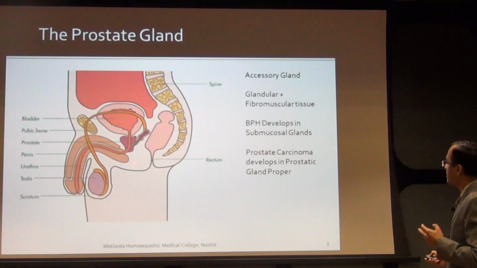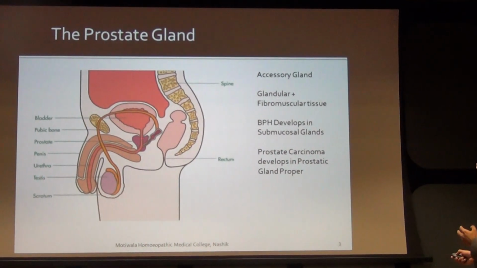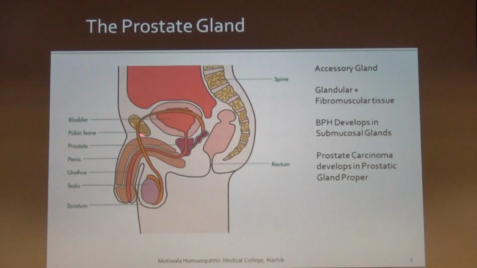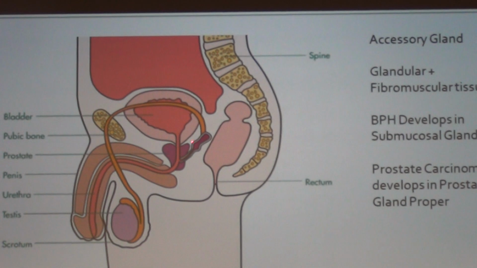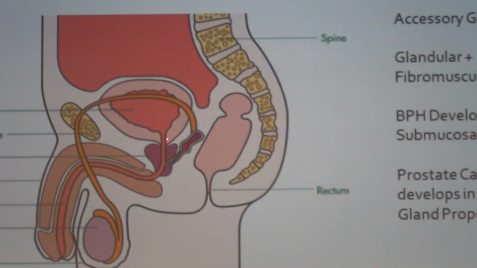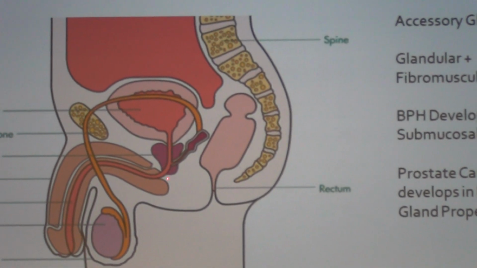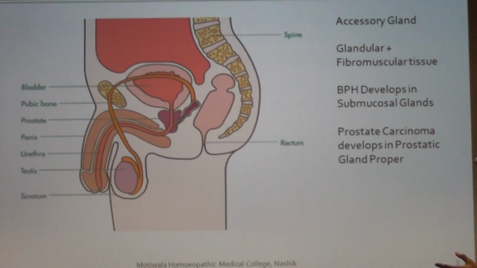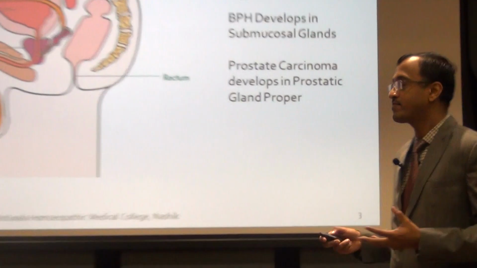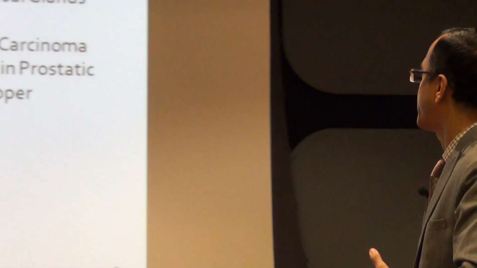So here you can see a prostate gland, and if it gets enlarged, it creates pressure on the urinary bladder and the prostatic urethra very specifically, and that causes a lot of difficulty, giving the symptoms of benign prostatic hypertrophy.